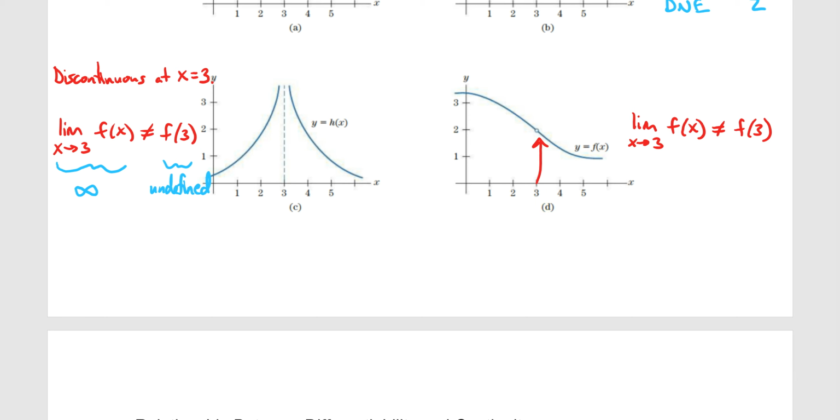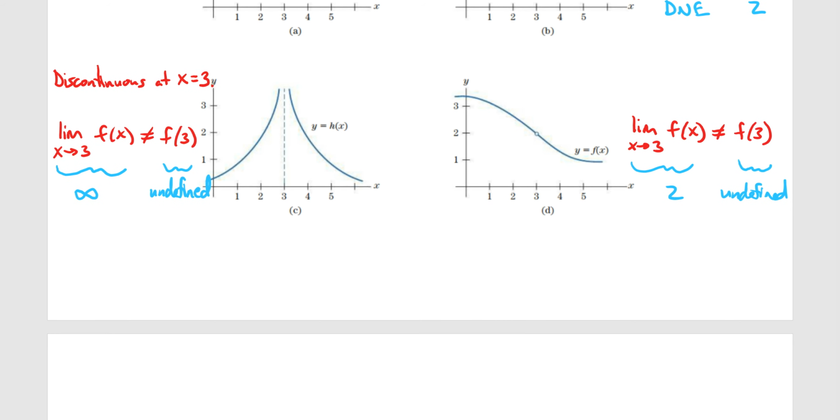The limit, it looks like it's approaching a y value of 2, so that would be the limit. And f of 3 here, there's no filled in circle at x equals 3, so this is undefined, similar to one that we already did. So since those two are not equal to each other, it's discontinuous at x equals 3.